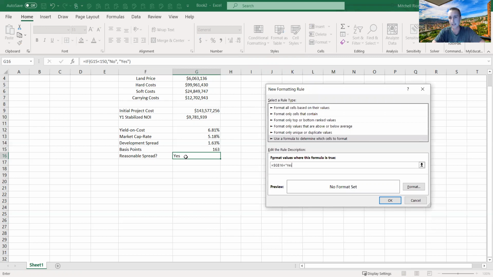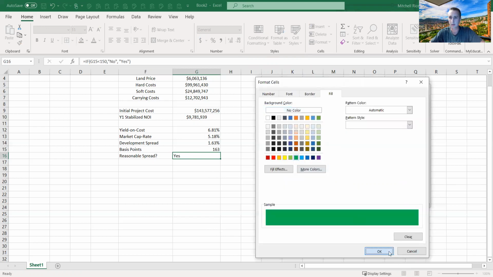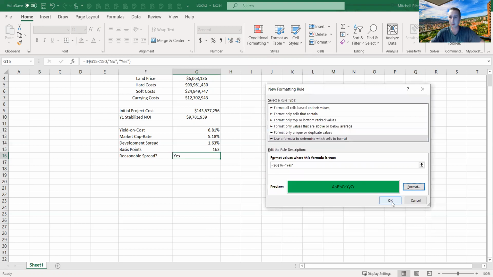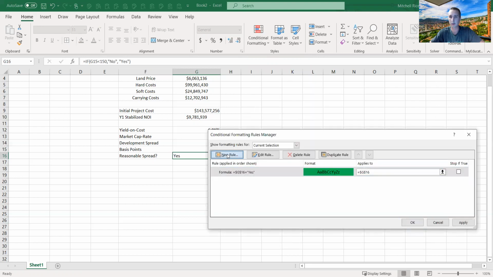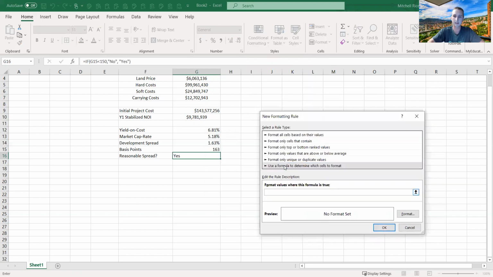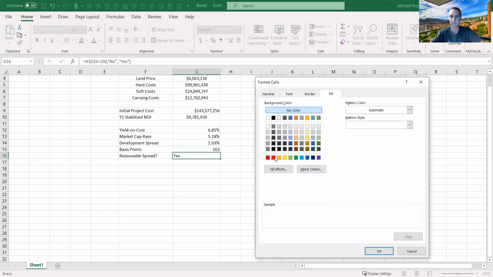So if it's yes, I want this to turn green. And let's give it another rule now. Let's say if this is equal to no, then I want it to be red.